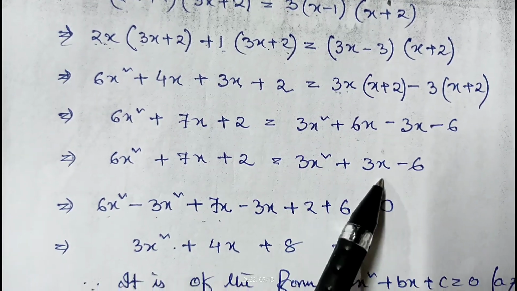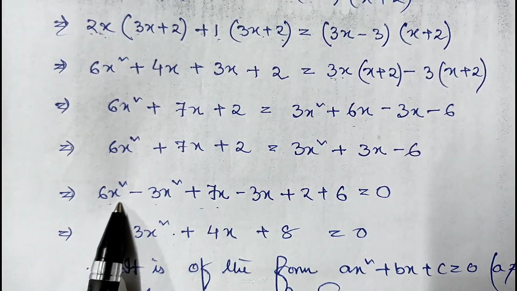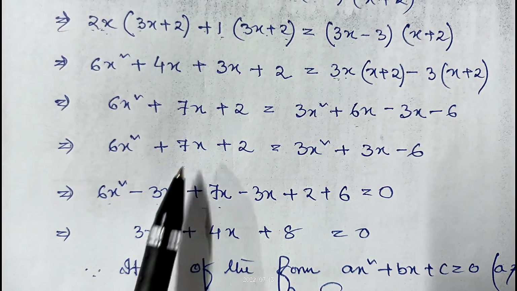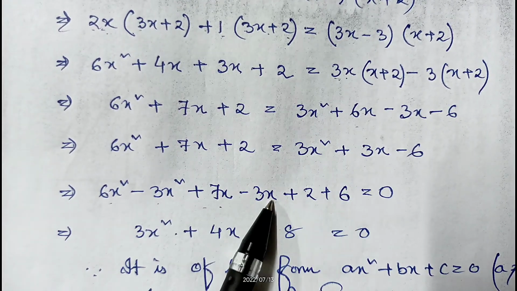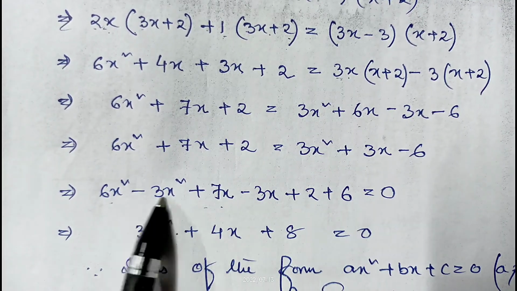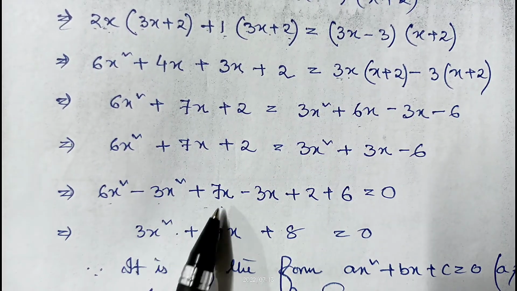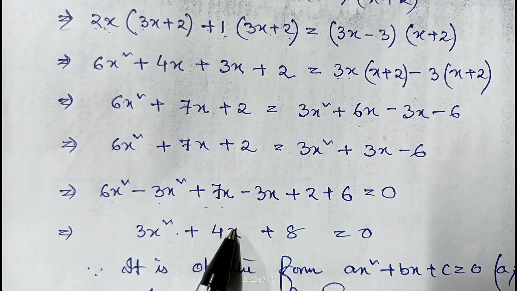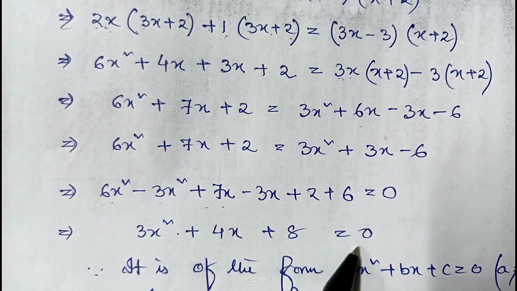Now if I transfer this to the other side, it will be 6x square minus 3x square plus 7x minus 3x plus 2 plus 6 equals to 0. If I subtract, it will be 3x square. 7x minus 3x will be 4x plus 8 equals to 0.